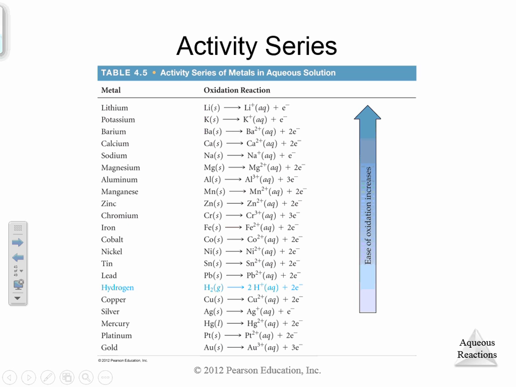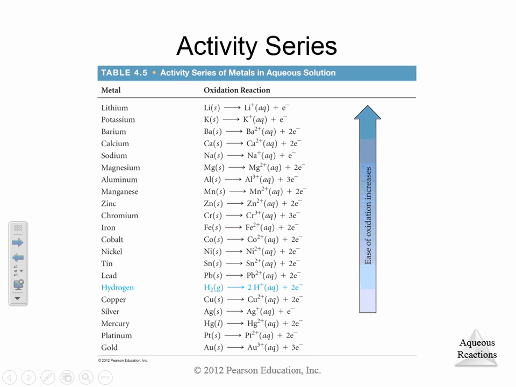Now, you won't have to memorize the activity series, but remember, the activity series gives us a level of which elements are the most active. So lithium will replace everything on the periodic table, where gold is hardly going to replace anything. And in a single replacement reaction, the element has to be above, on the top of the chart, above the other element it's replacing to have that reaction go forward.